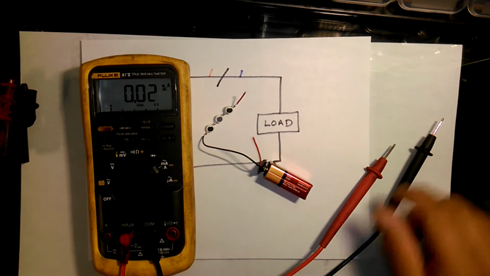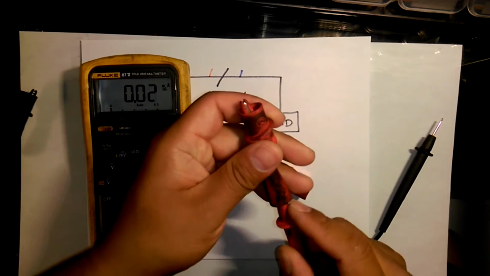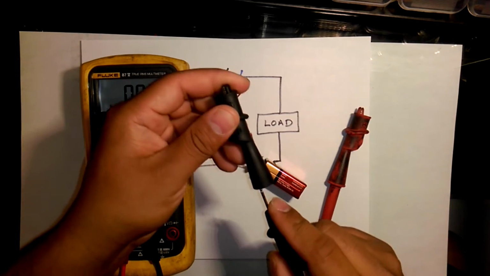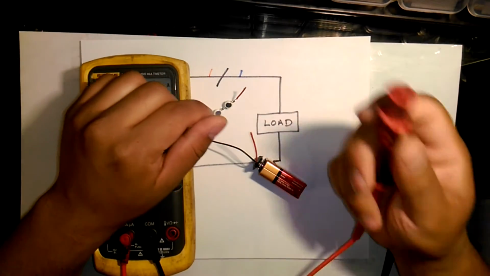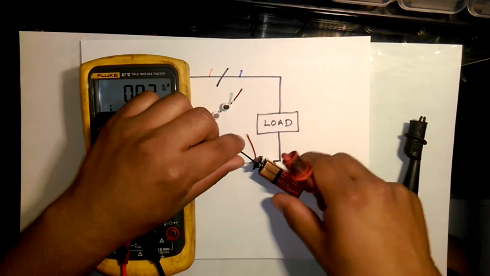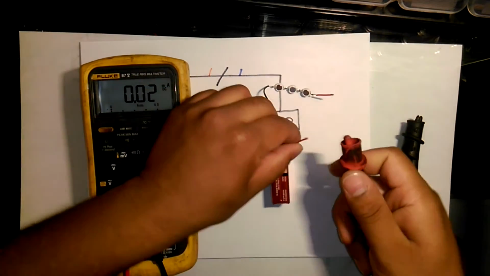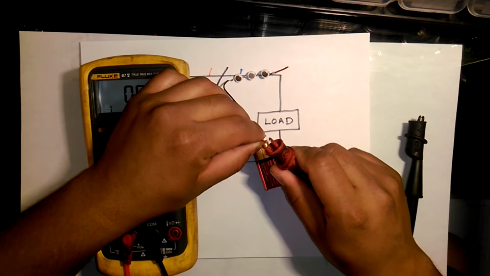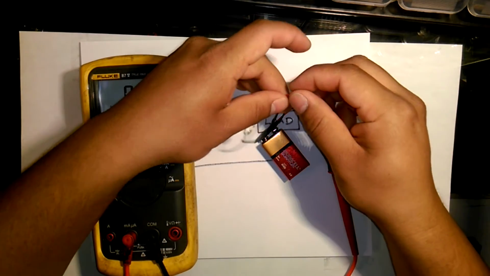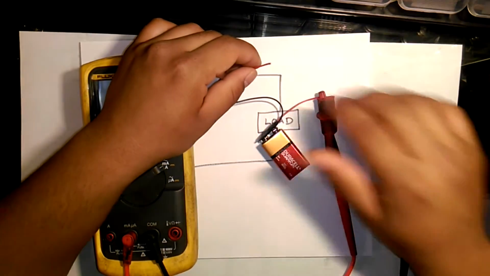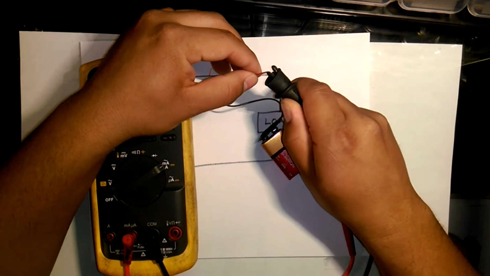And that's it. We're going to put the alligator clips on there. And I'm going to put the red lead on the most positive side of the circuit. So that's going to be this red wire here. So I'm going to clamp that there. And the most negative side of this part of the circuit is going to get the black.